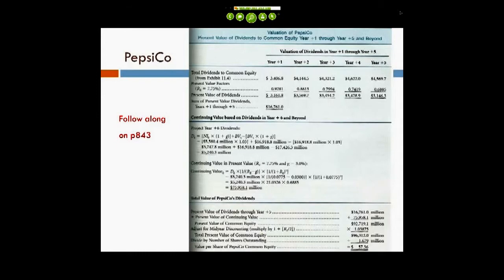You take the book value from year 5, and you subtract out the book value for year 6. That gives you a continuing dividend of $5.2 million.